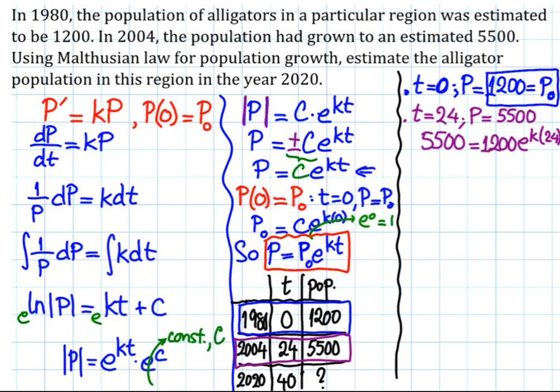This is a simple exponential equation. We will divide 1,200 on both sides, and 5,500 divided by 1,200, we have 55 over 12 equal e to the 24k.